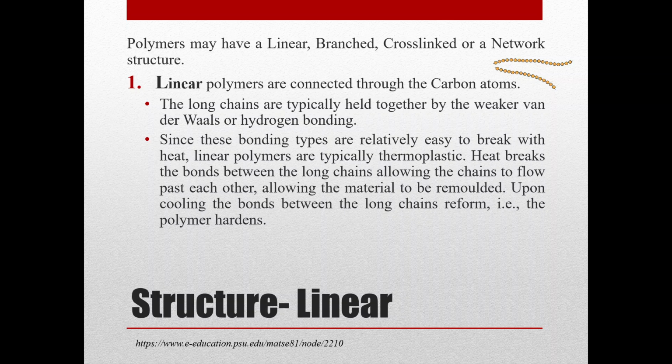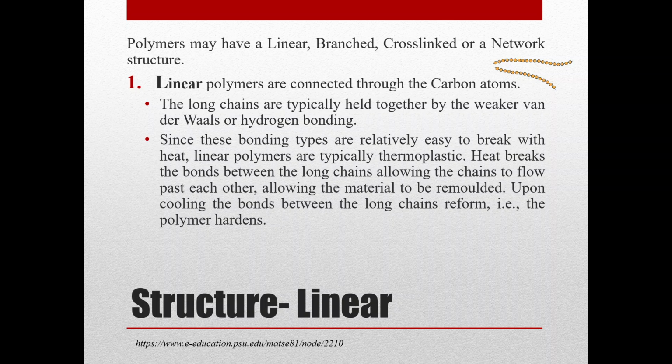Since these bonding types are relatively easy to break with heat, linear polymers are typically thermoplastic in nature. Heat breaks the bond between the long chains, allowing the chains to flow past each other, allowing the material to be remolded. Upon cooling, the bonds between the long chains reform, and that is the polymer hardens.